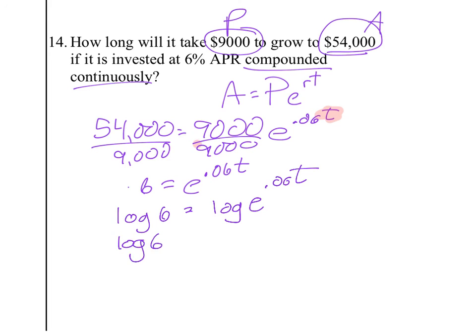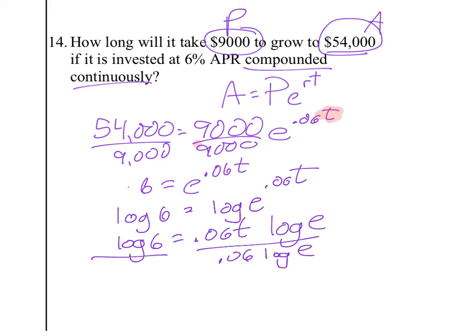Log 6 equals 0.06 t log of e. So now I divide both sides by 0.06 log e. And if I put this into my calculator, I'm left with t.